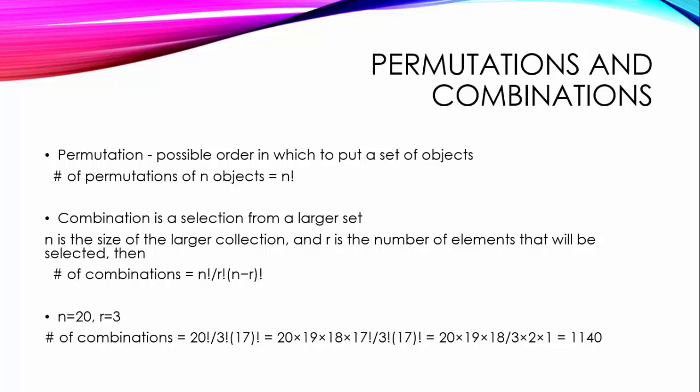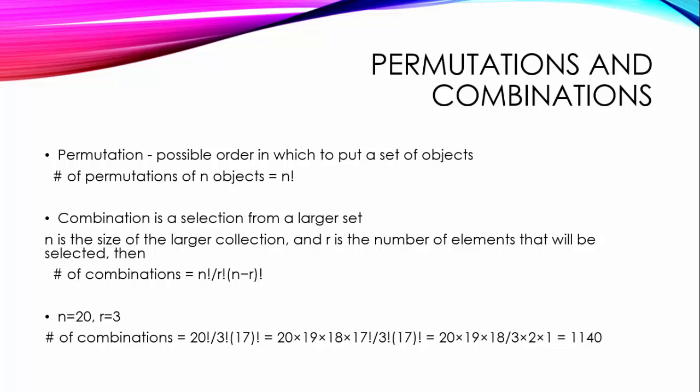This formula is scary looking, but really not bad at all. If n is the size of the larger collection and r is the number of elements that will be selected, then the number of combinations is equal to n factorial by r factorial into n minus r factorial.